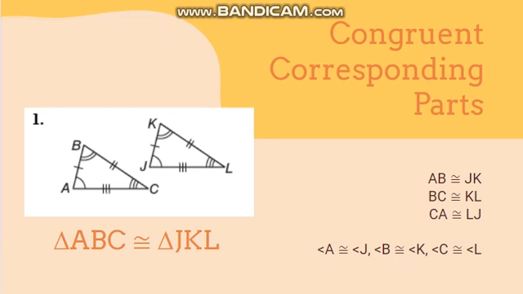So triangle ABC is congruent to triangle JKL, matching A with J, B with K, and C with L. So that's what we've got written down for our first one: the sides that are congruent, our angles that are congruent, and then our congruence statement. That's everything we should have written down for the first one.